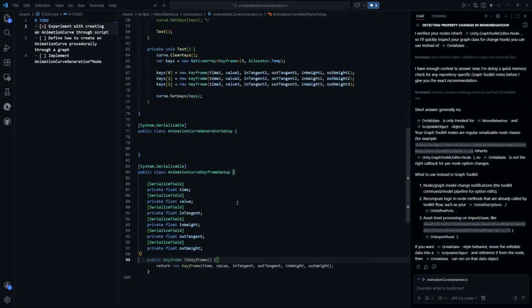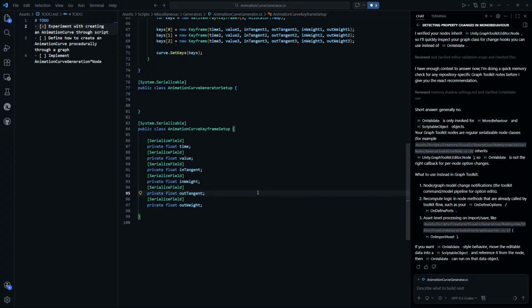Is this what I want? Let's see. Hmm. Problem is the tangent again. I want to be able to randomize between it.